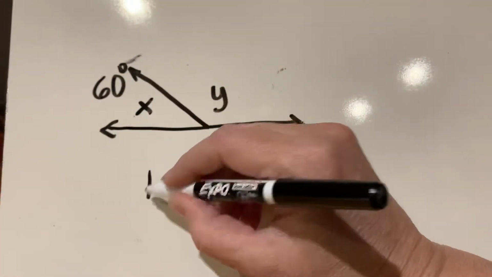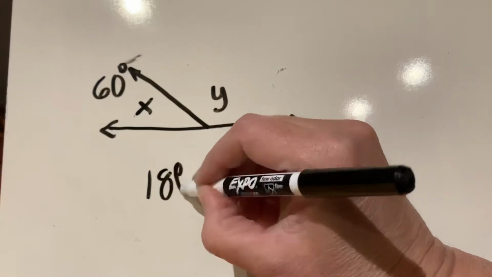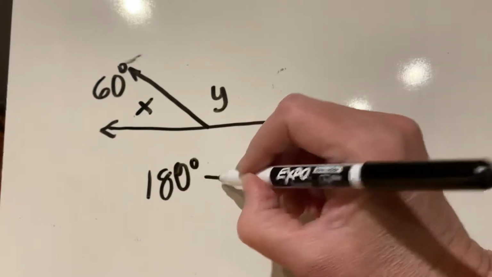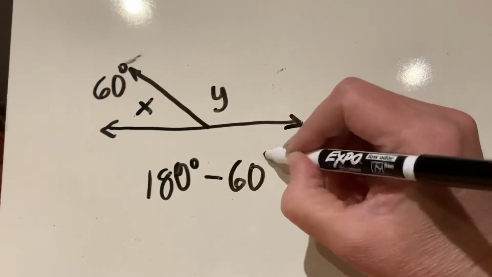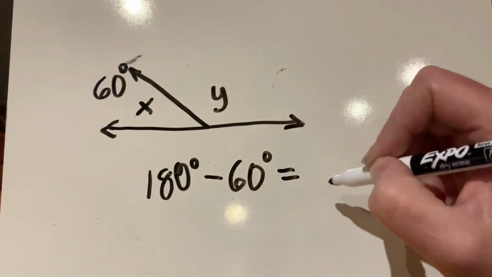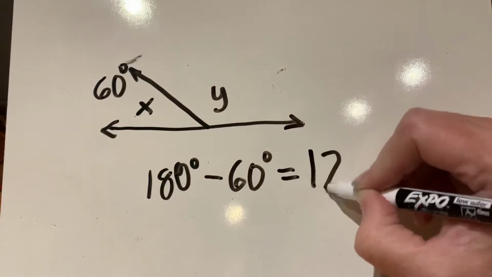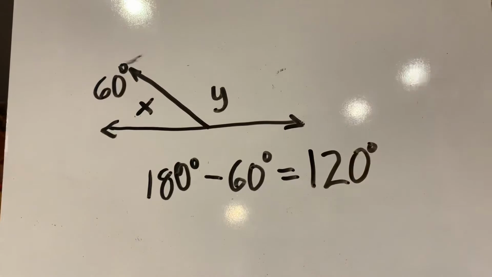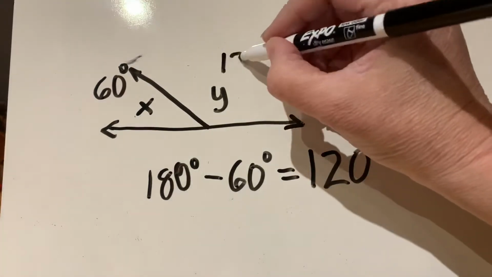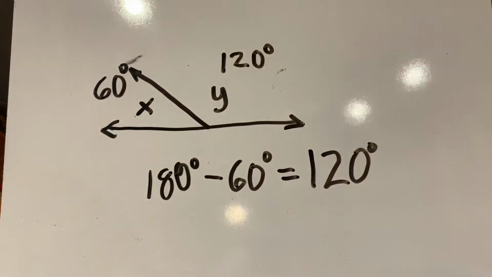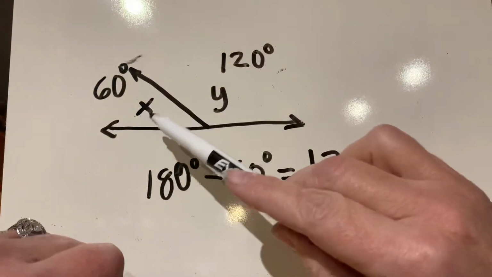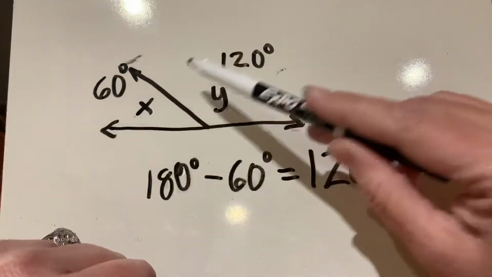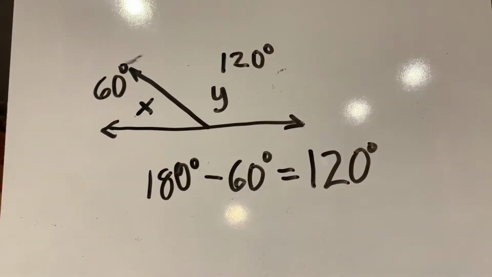So we could take 180 degrees, subtract 60 degrees from that, which will give us 120 degrees. And that tells us that angle Y is 120 degrees. These two angles together, angle X and angle Y, will add up to the 180 degrees.